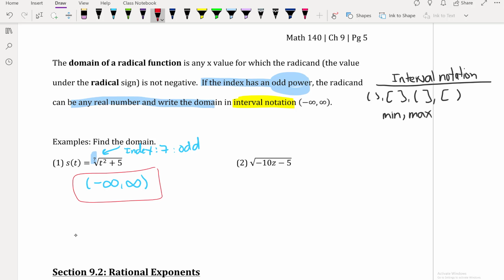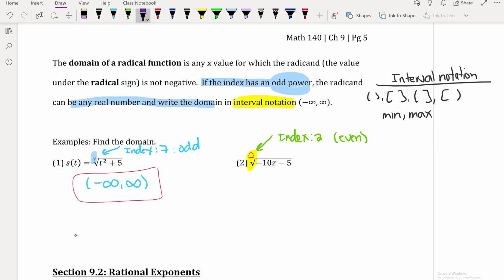Now, let's think about number 2. Well, what's this index here? Well, it defaults to be a 2. So I have my index of 2, which is even. So it's not odd. Okay, so that means we just have to set the inside greater than or equal to 0.